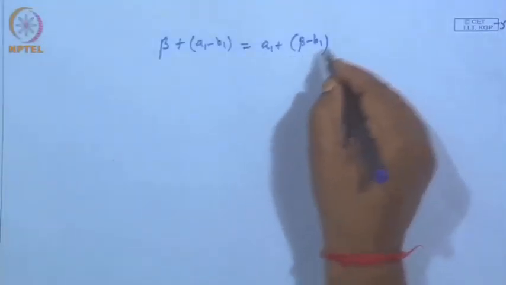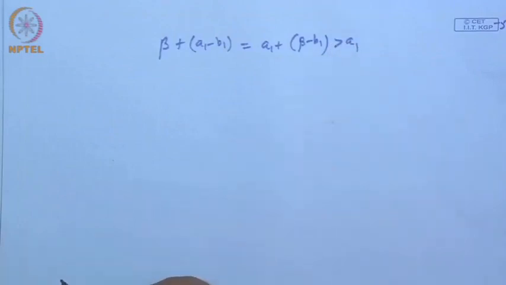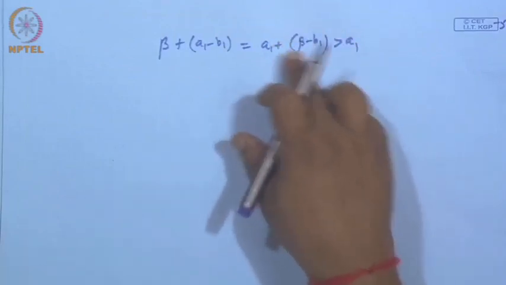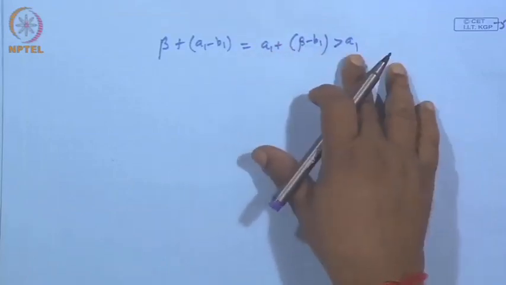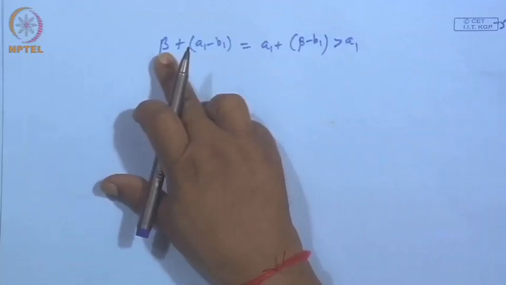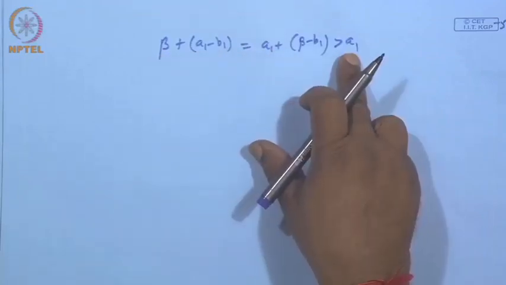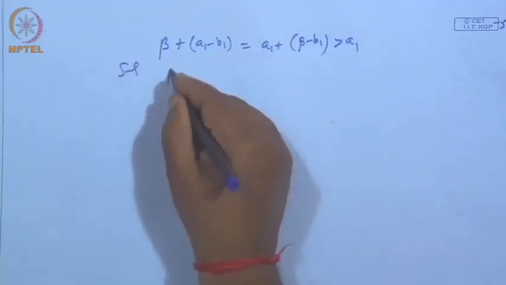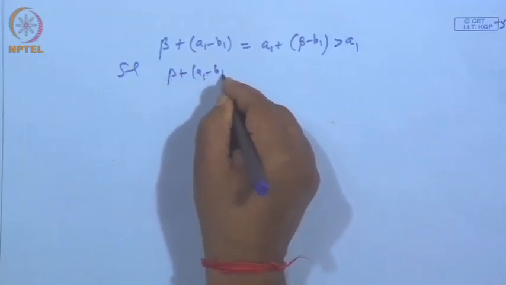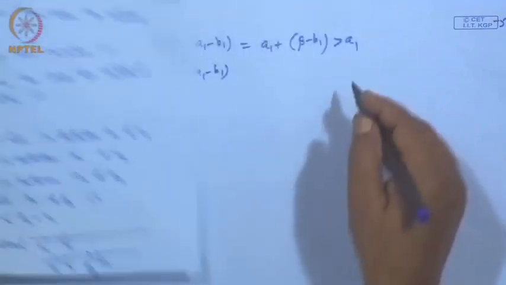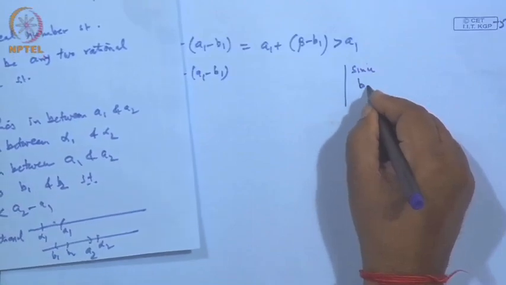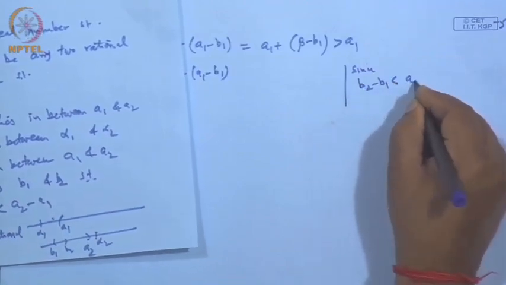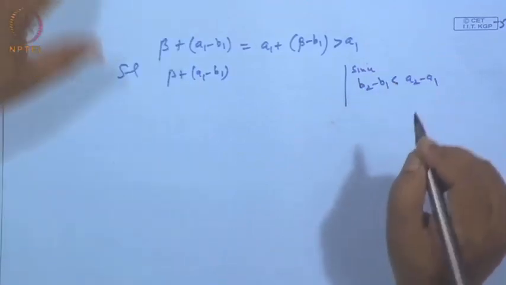So this entire thing will be greater than a 1, since a positive number is added. Similarly, for beta plus a 1 minus b 1, we can write a 1 minus b 1, since we have assumed b 2 minus b 1 is less than a 2 minus a 1.